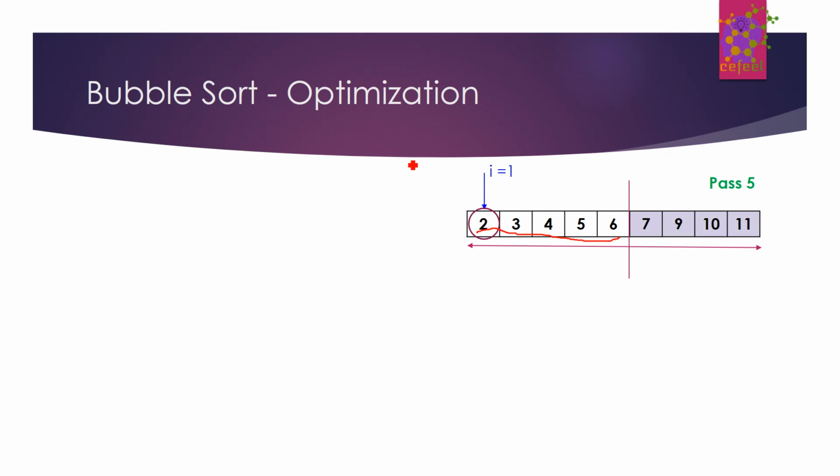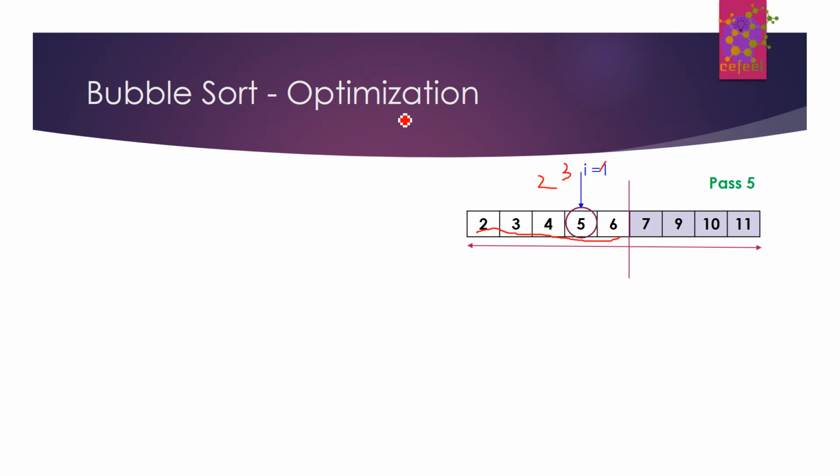So notice what happened in pass 5. We started with i equal to 1. There was no swap needed because 2 is less than 3. We incremented i to 2, and still there was no need to swap. We again incremented i to 3, and there was no need to swap again.